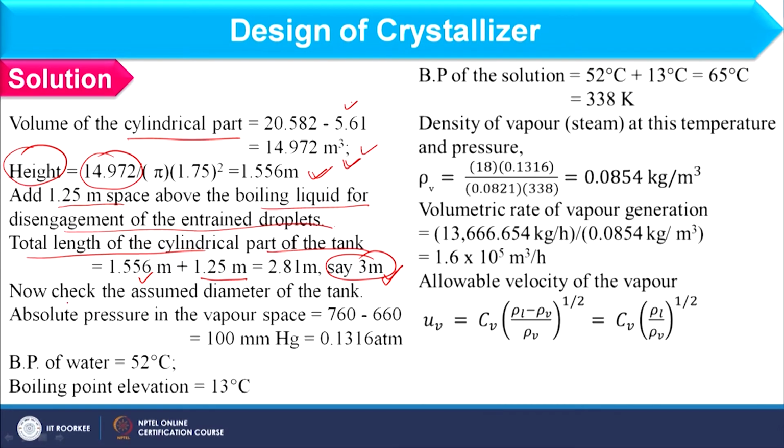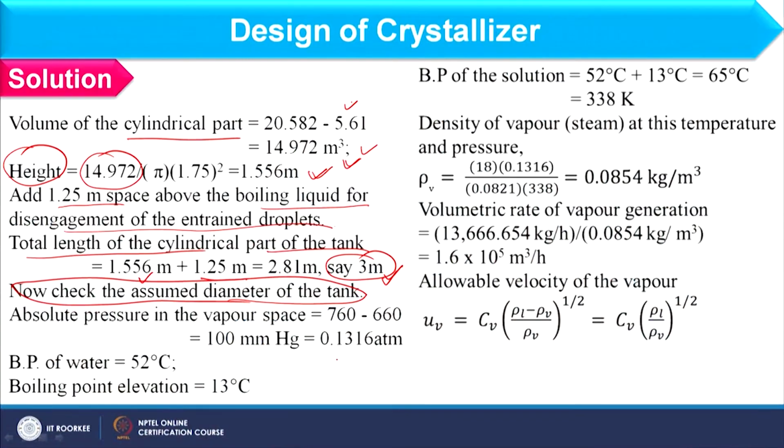And further we have to check the diameter, because we have assumed the value of diameter as 3.5 meter. So, for that we have to focus on absolute pressure and then the volume, and so the volumetric flow and the velocity, right. So, let us start that calculation.